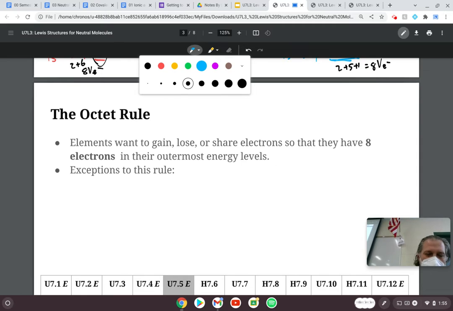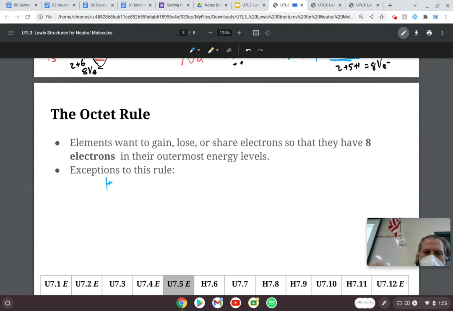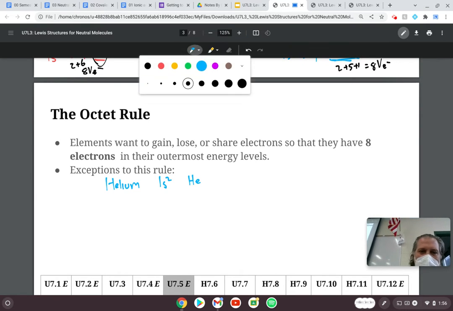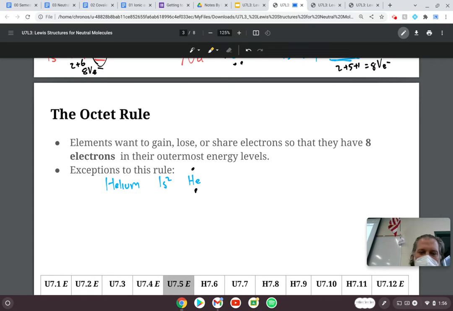I'm going to start with helium. Helium's electron configuration is 1s2, meaning that helium has 2 valence electrons. And that's it.